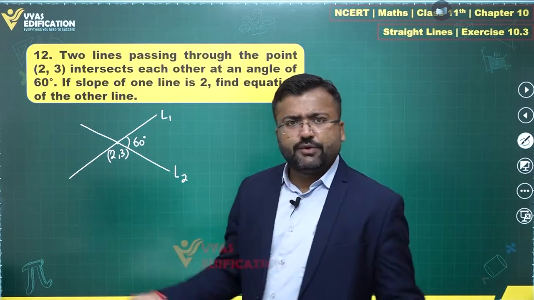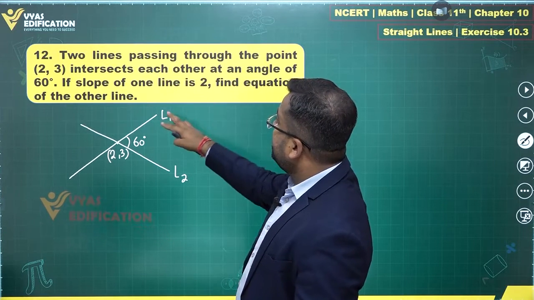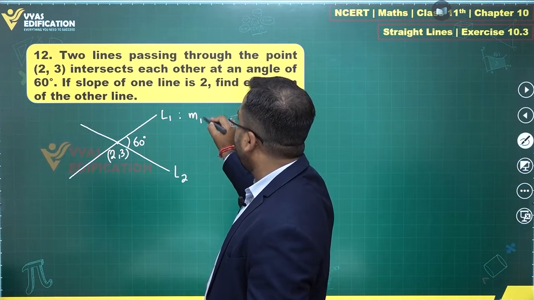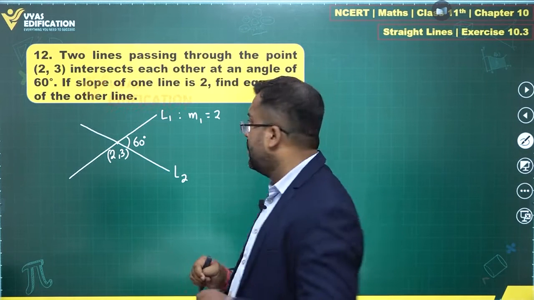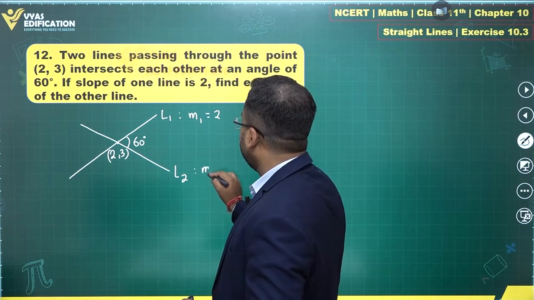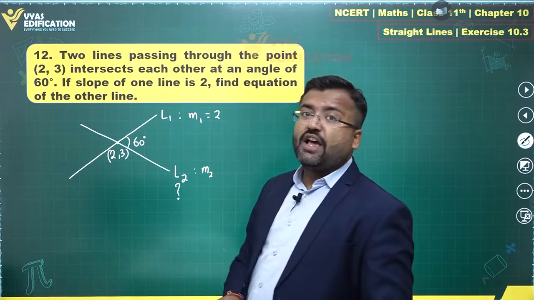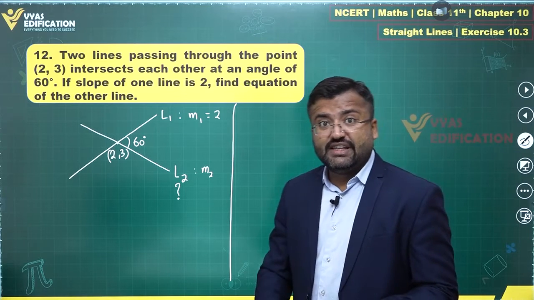The other angle will be 120 degree, but we are not interested in this one. If slope of one line is 2, this is L1 and the slope M1 is 2. The slope M2 is not known for this, and the equation is also not known. This L2 has to be found. We are supposed to find the equation of this L2, the other line.